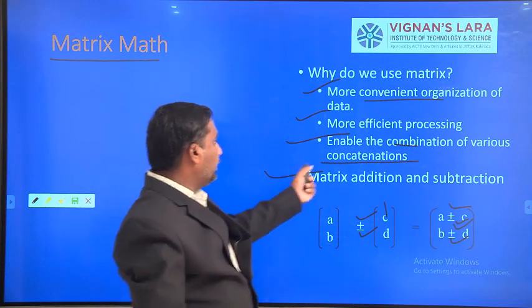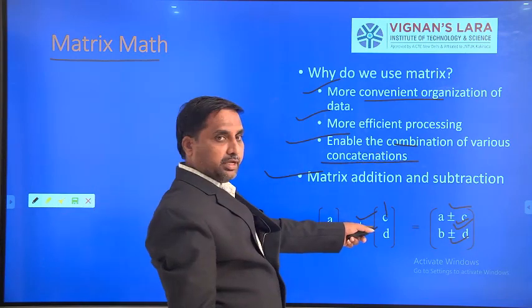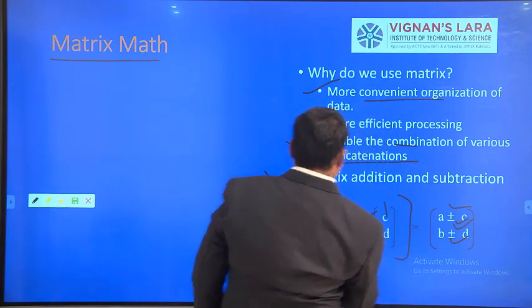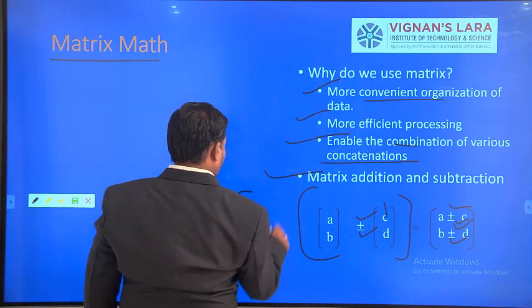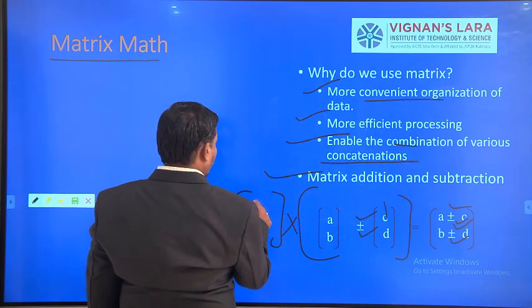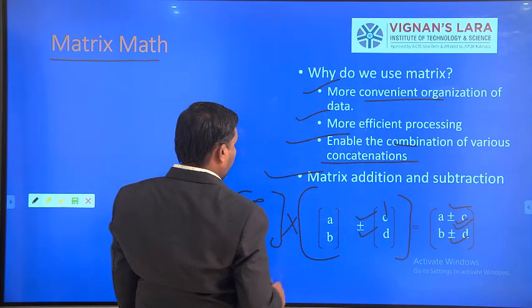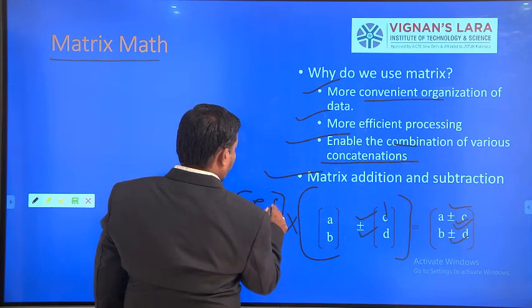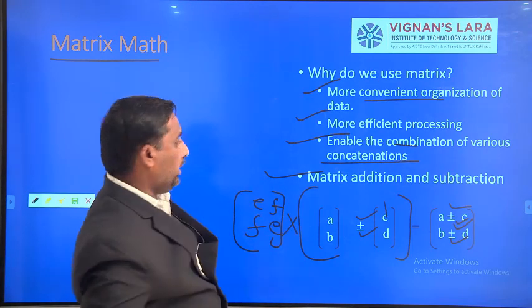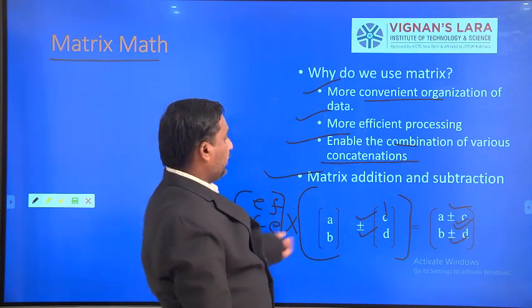Concatenation means, here I have taken plus or minus. Suppose you multiply this entire object with another matrix, not addition, say EF. Then you will get another matrix.